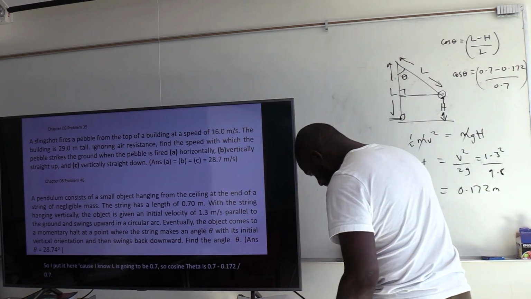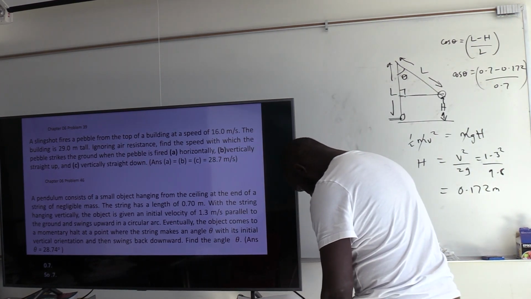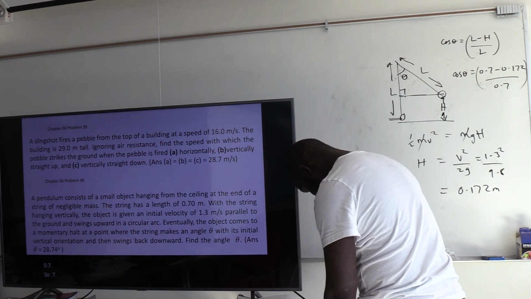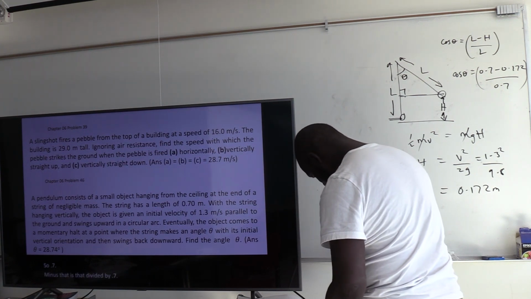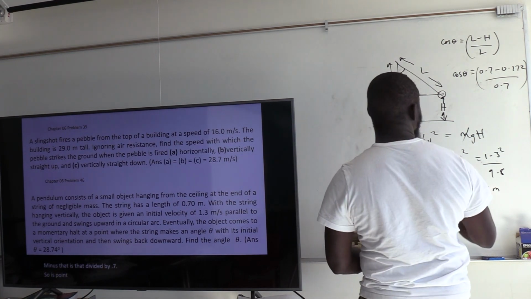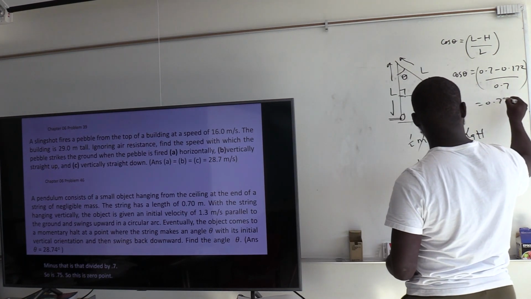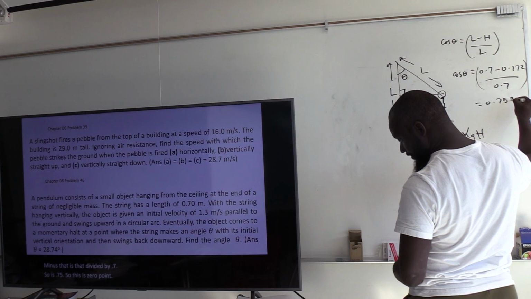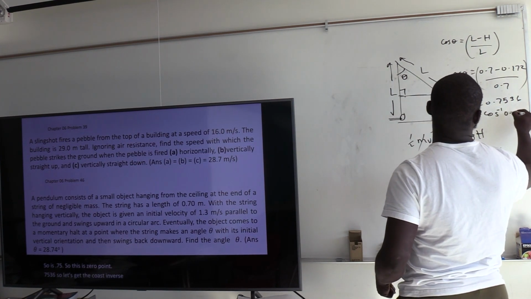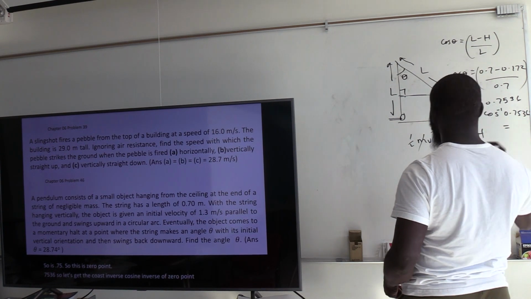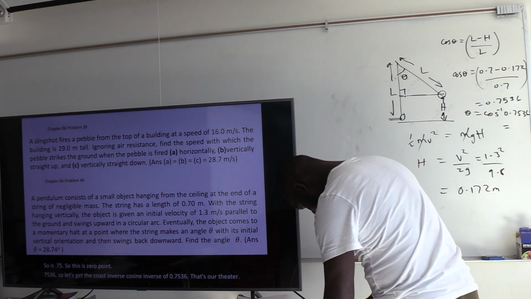So it's 0.7536. So let's get the cosine inverse of 0.7536. That's our theta.